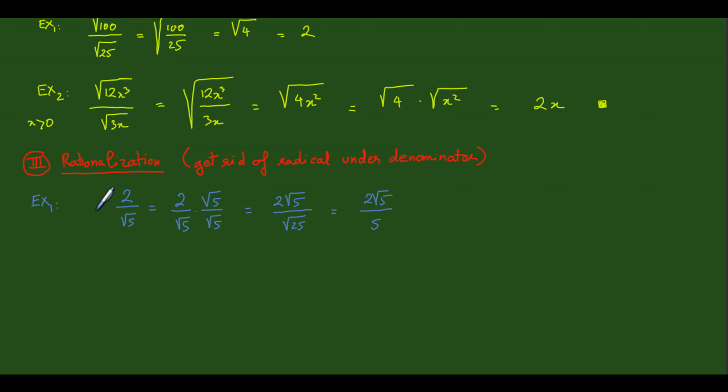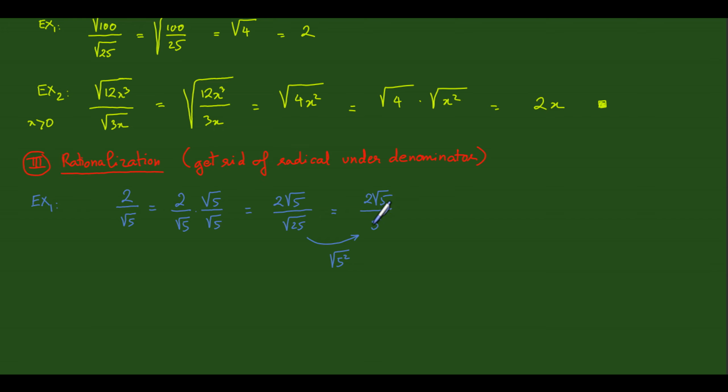So you need to memorize some perfect squares, or you can convert to a square: 25 is 5 squared, so the square root of 5 squared gives you 5. You can go from here to here easily. So you see my final answer.